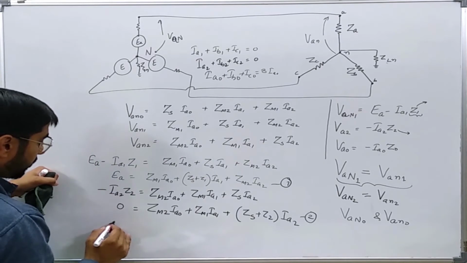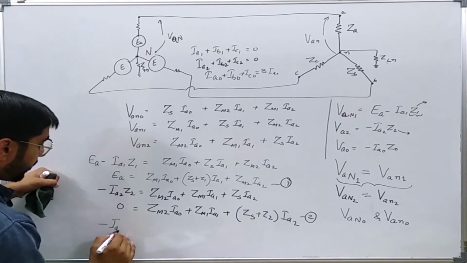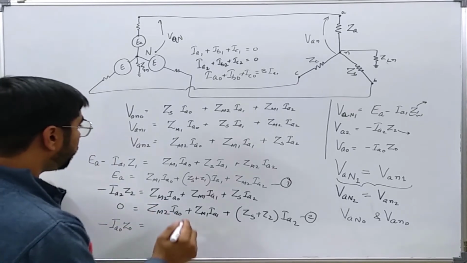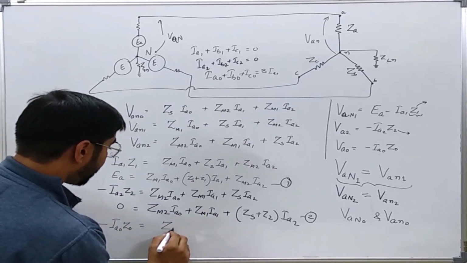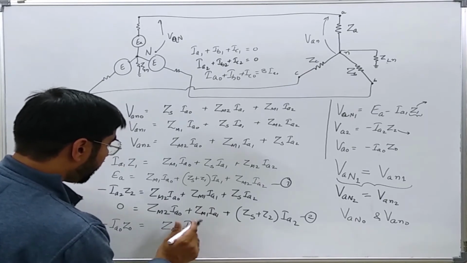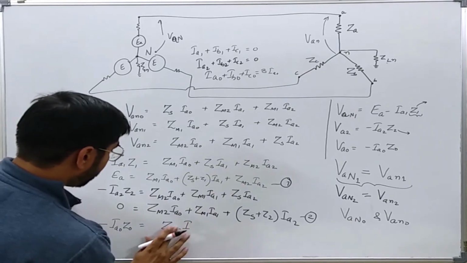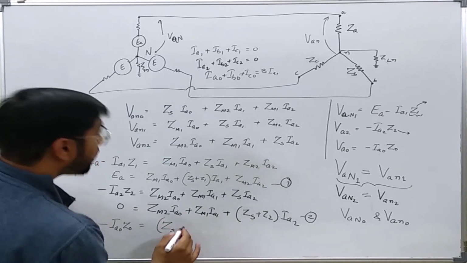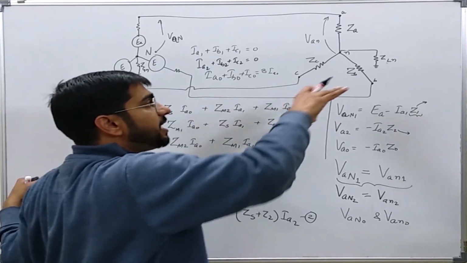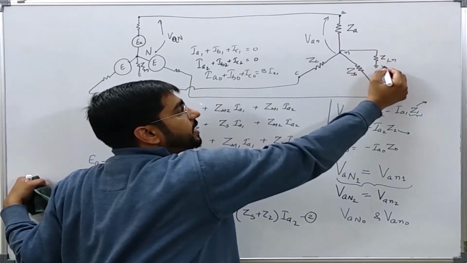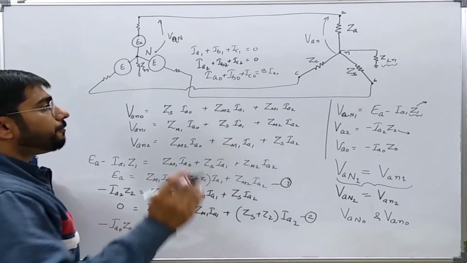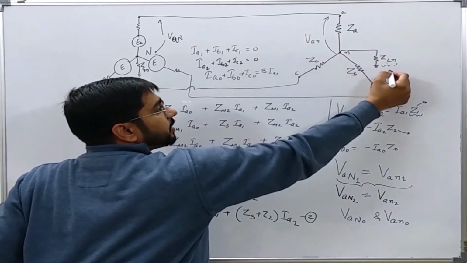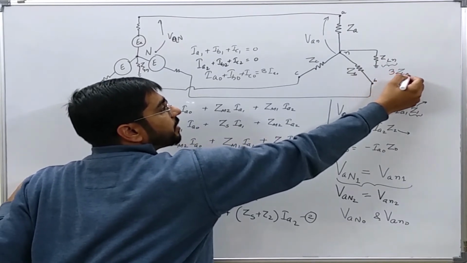So minus IA0 Z0 will be equal to Zm2 ... Zs. Now in that derivation in the previous slide we have not considered this ZLN. For the flow of zero sequence current it will appear as 3 times ZLN.